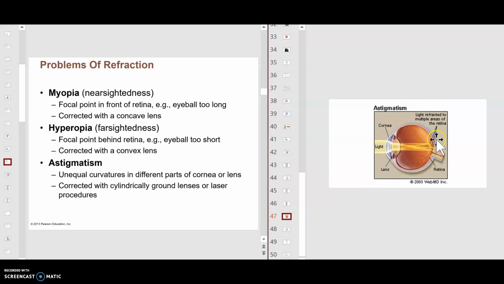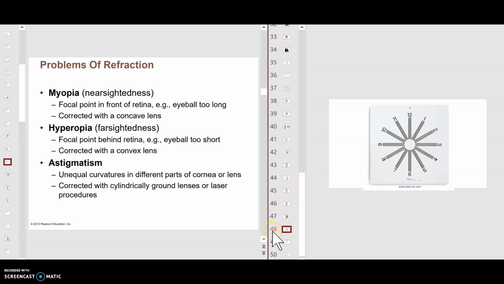So then you get two areas on the retina based upon where the light enters in this asymmetric cornea or retina. Okay. To evaluate that, the optometrist or ophthalmologist has you look at this and give answers on various questions that they will ask you. So you're looking at all different angulations.